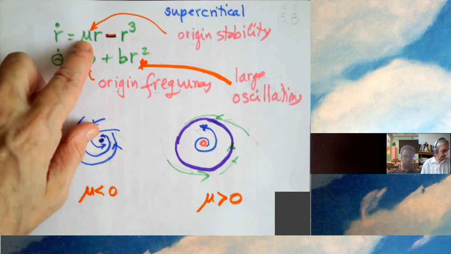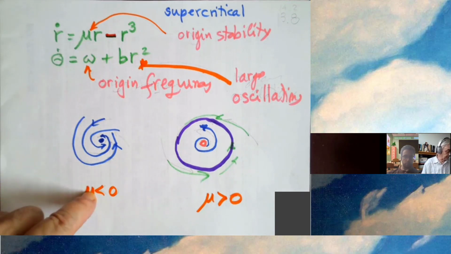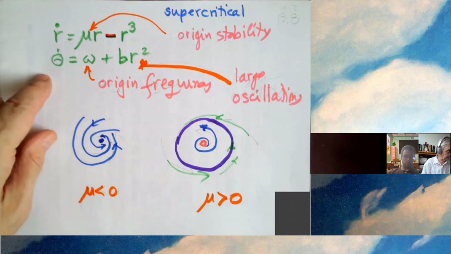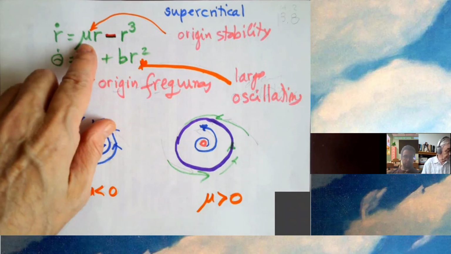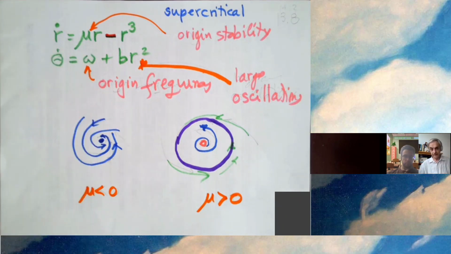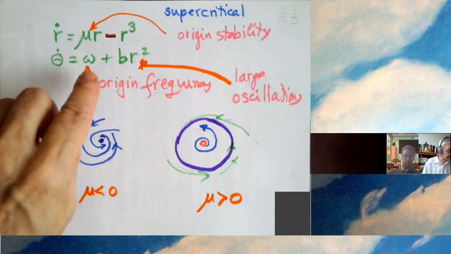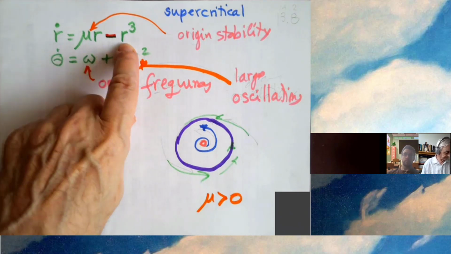If it's negative, then the behavior is expected to be stable. So the equilibrium point itself is stable. If it's positive, then things will explode. And when that happens, you have to capture them somehow.